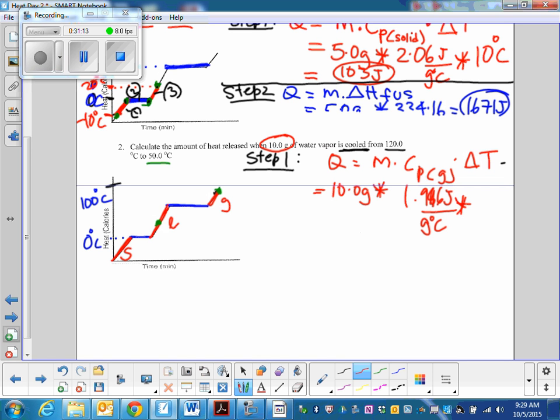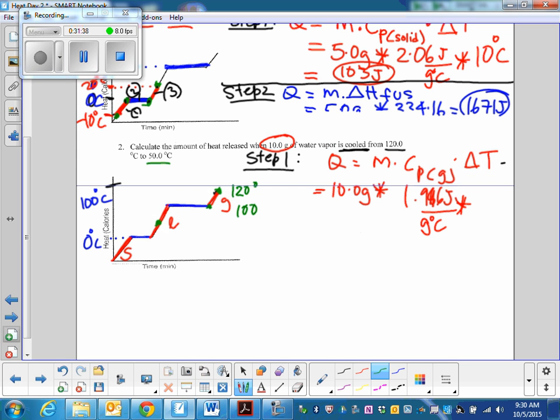Let's think. This is the point we need to think. The substance is cooling. What was my initial temperature? 120. What did it drop to? What is the final temperature? 100.